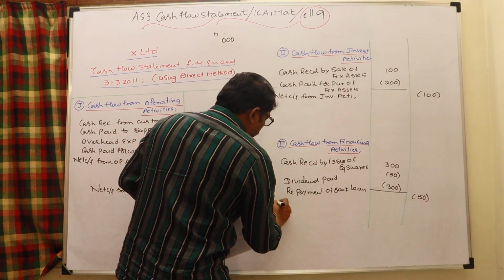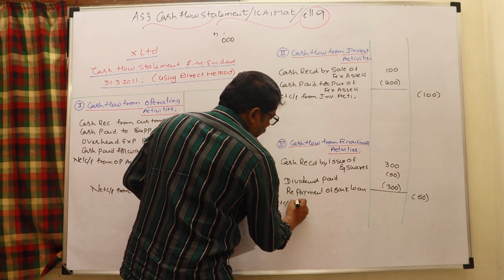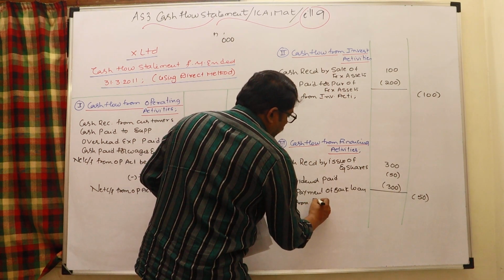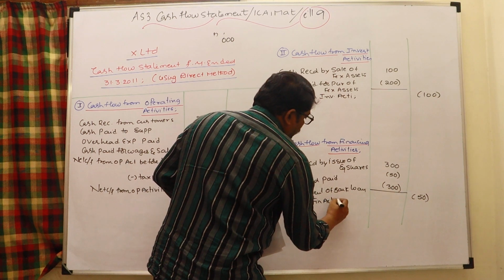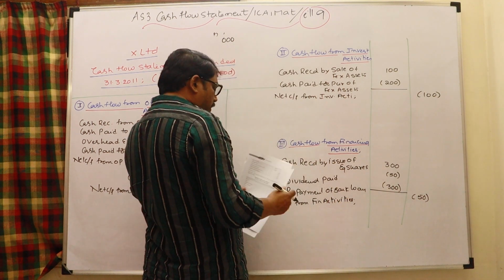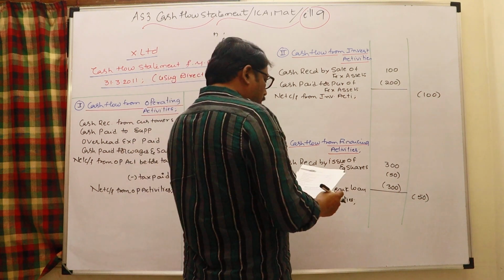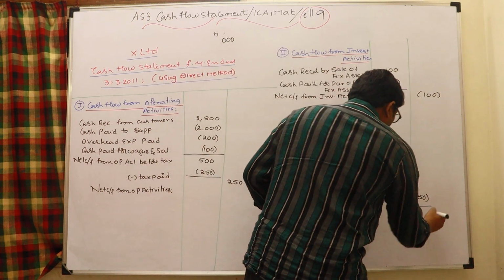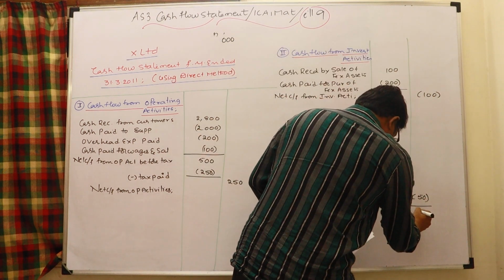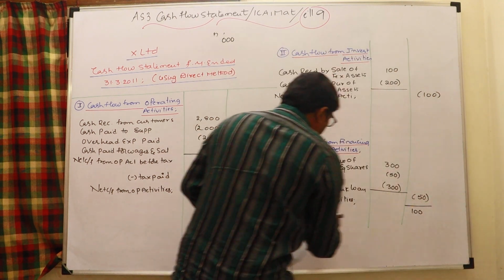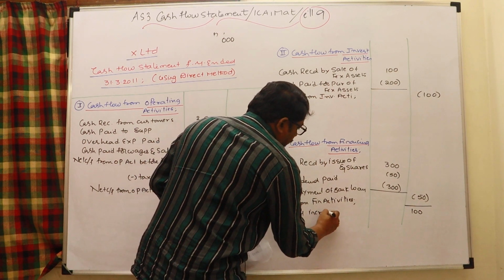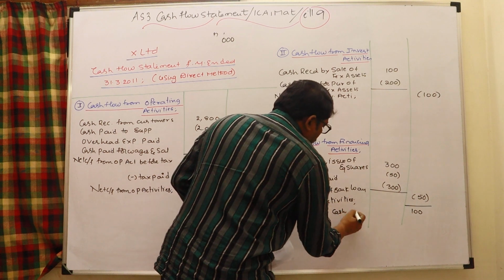This is net cash flow from financing activities, 50 outflow. Therefore, the resulting overall effect of the 3 activities is a net increase in cash by 100.